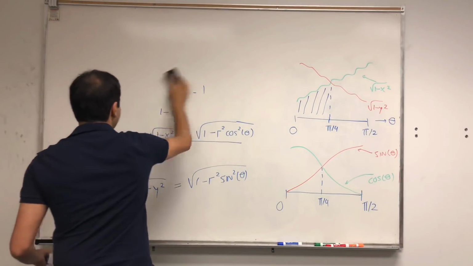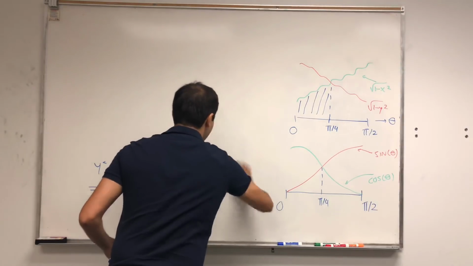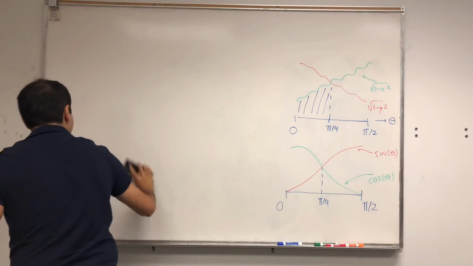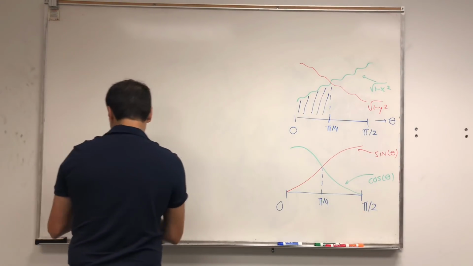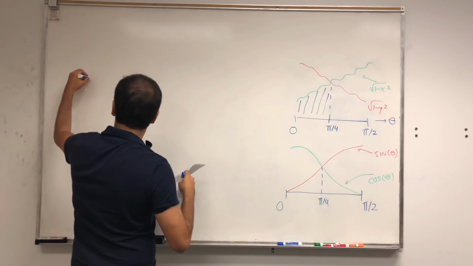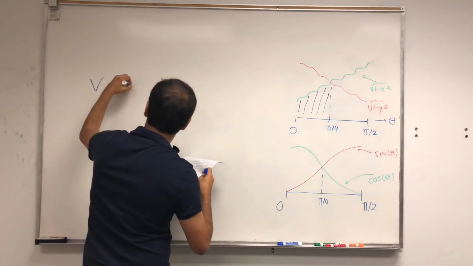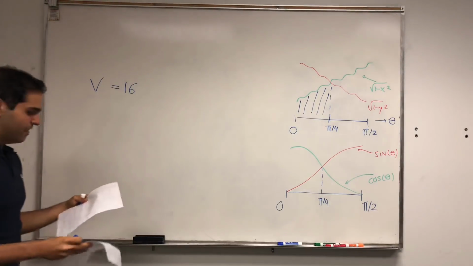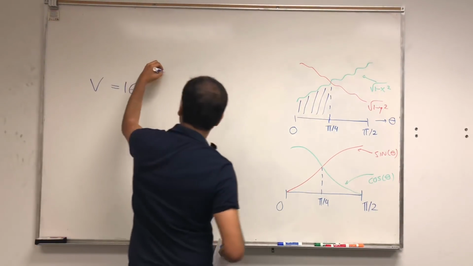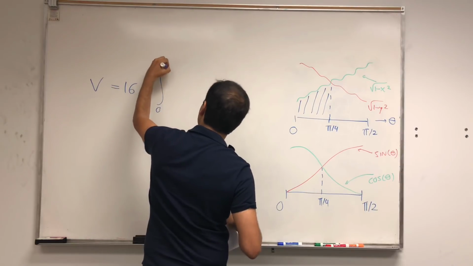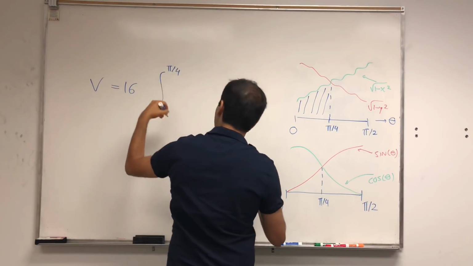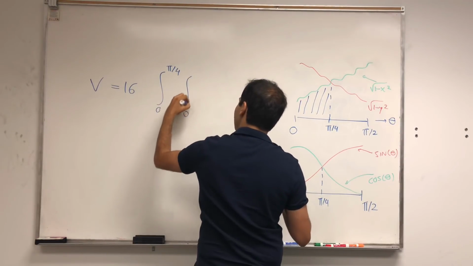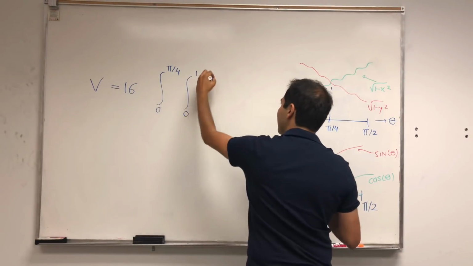So based on what I said, we can finally tackle the integral. The volume is 16, again 8 times 2. Then, from what I said, assume theta is between 0 and pi over 4. The radius, as before, is between 0 and 1.